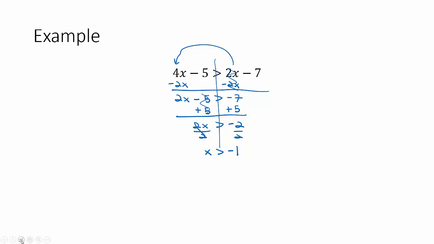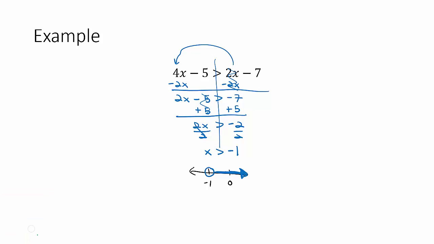Notice this time I did divide by a positive. Because I divided by a positive, I didn't have to do anything special with the symbol. So here's 0 and negative 1. We can graph that with an open dot at negative 1. X is greater than, so we'll shade the greater numbers off to the right.